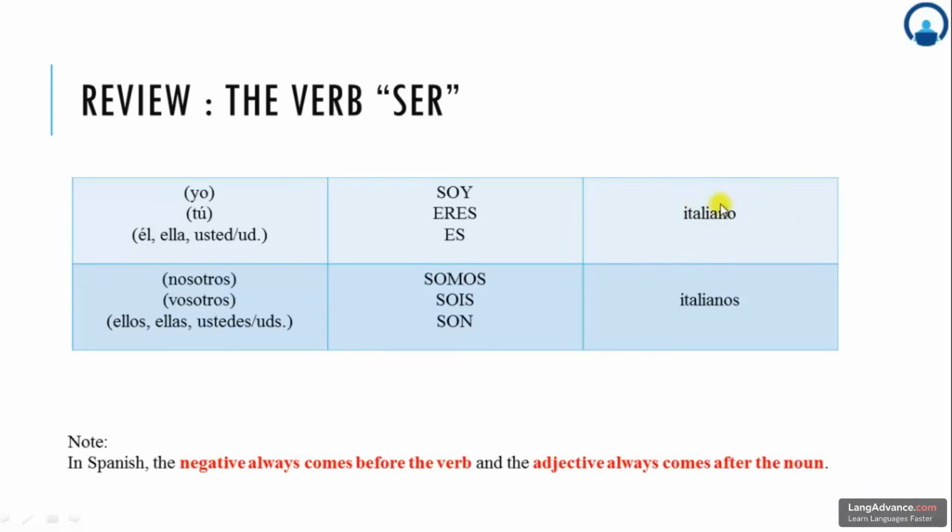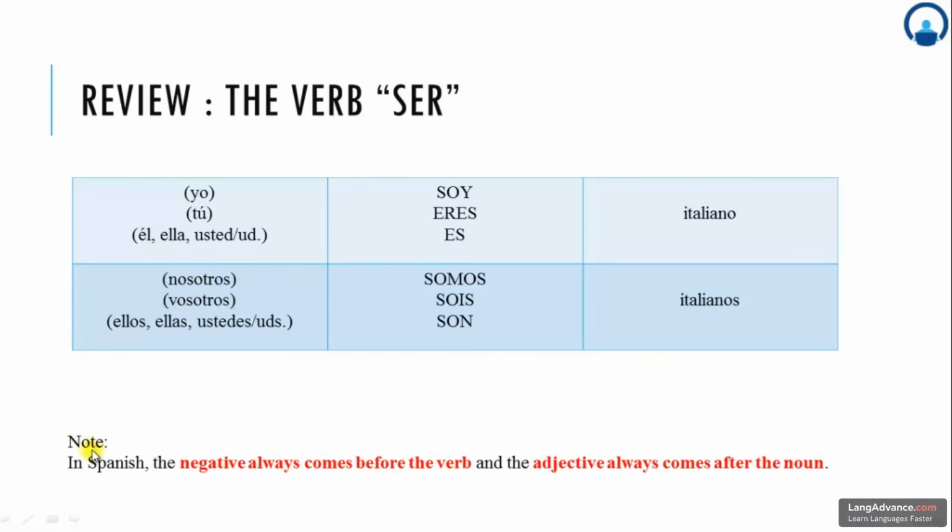Suppose I want to state that a person is a student, and I write es estudiante. In this statement, I am not able to tell whether that person is a boy or a girl. So in that case, it is necessary to write él or ella, that means he or she. In the rest of the cases, it is not required as such.